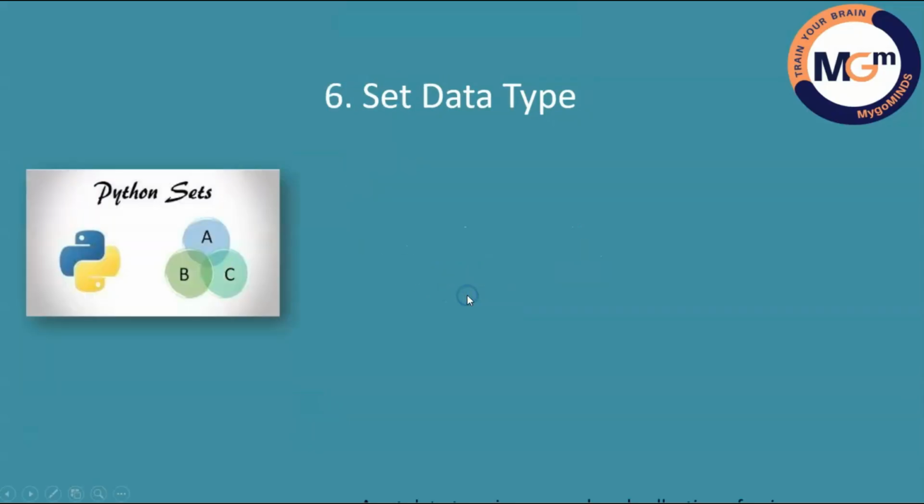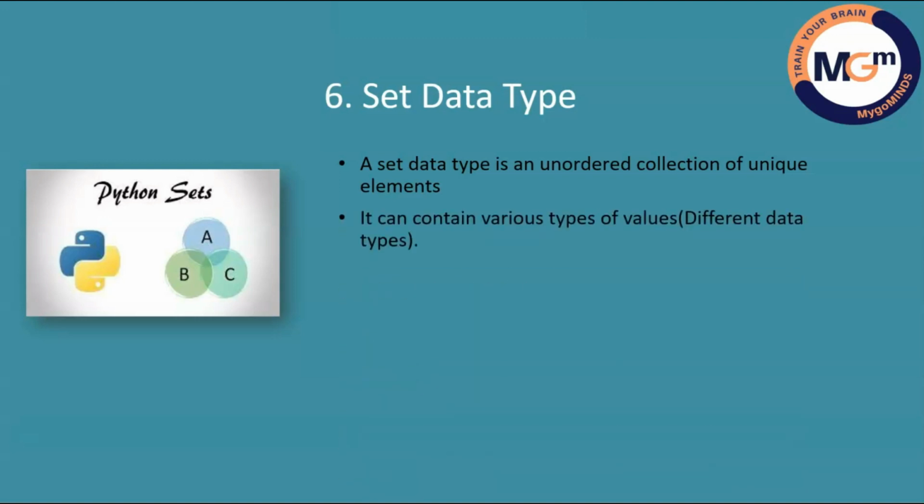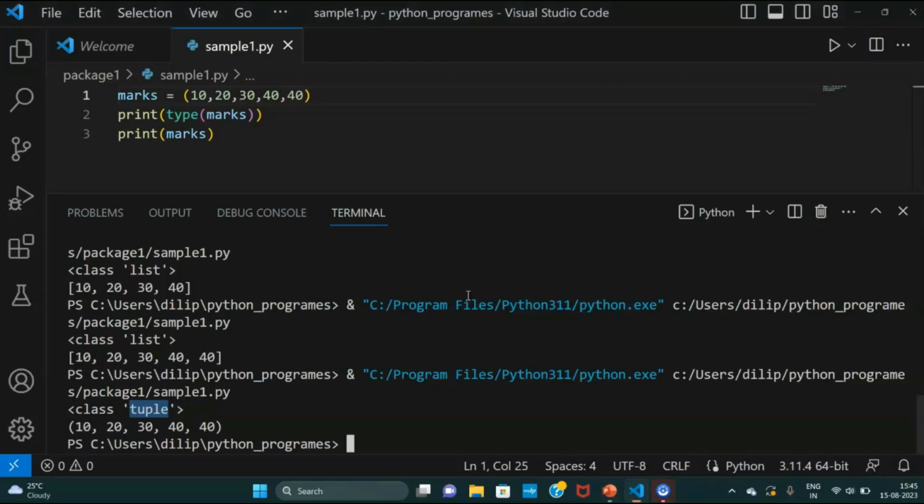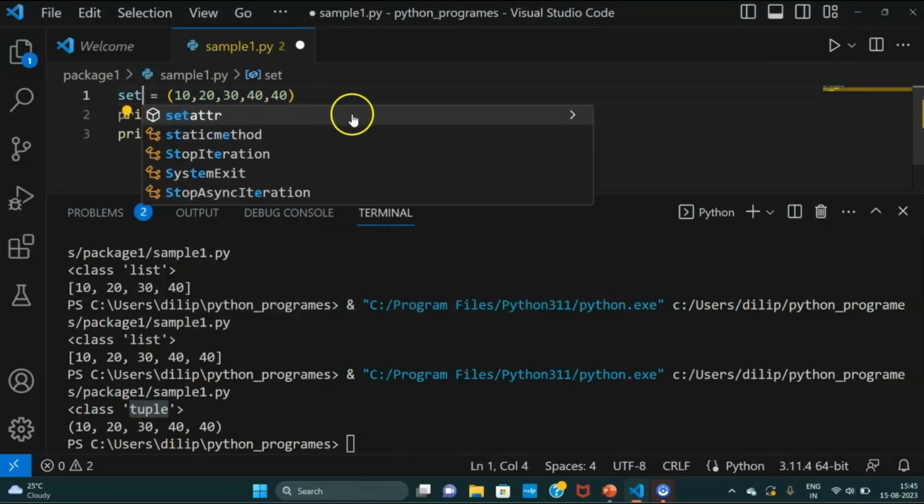Now, the set data type is an unordered collection, but it has unique elements, which means it does not allow duplicate values. So suppose I put it here as set.